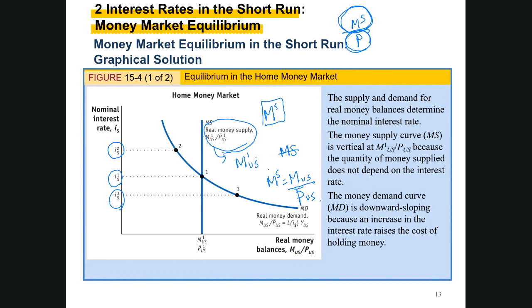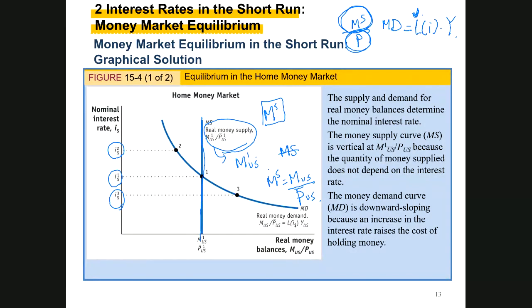Okay, what about money demand? The demand we defined is this, right? So once again, why? Because people hold money because money has functions, right? It can store value, be a unit of account, and a medium of exchange.